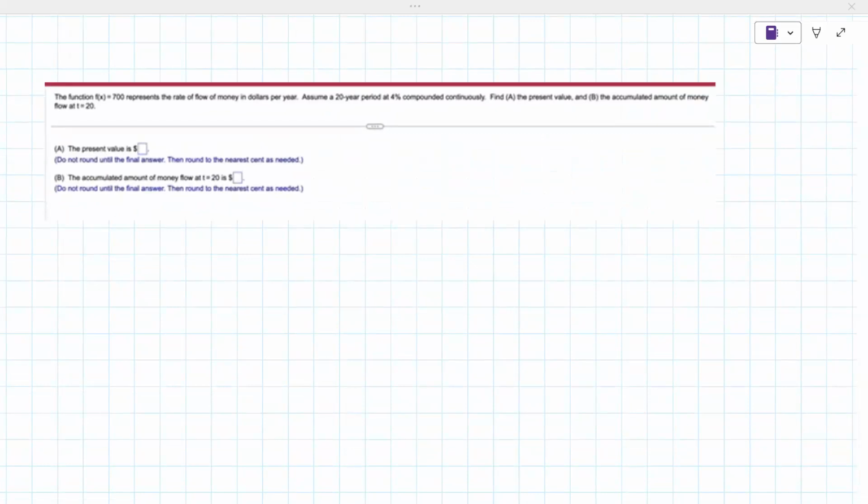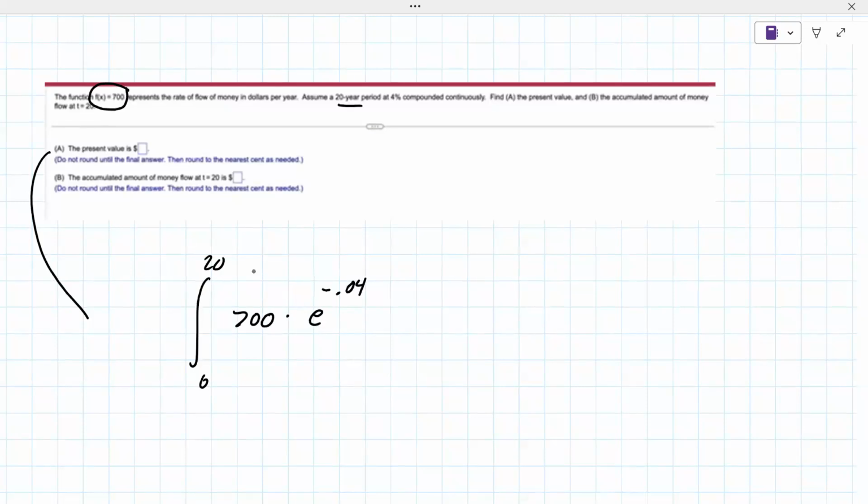And so for part A, the present value is the integral from 0 to 20 because it's 20 years. And then they give you the flow, what's called the flow of money. And then you multiply it by e to the minus 0.04t because of the 4% there, dt.